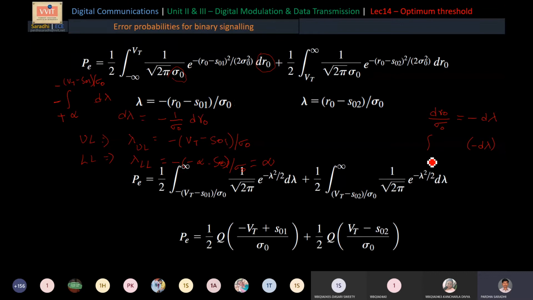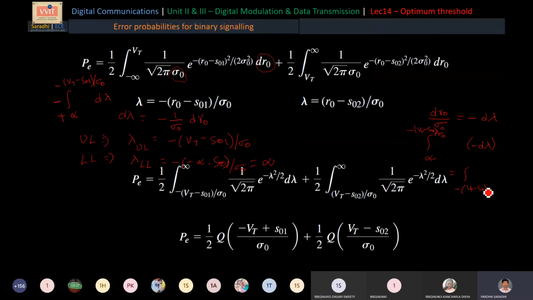The lower limit is plus infinity, and the upper limit is minus (Vt minus S01) divided by sigma naught. Now I interchange the limits.